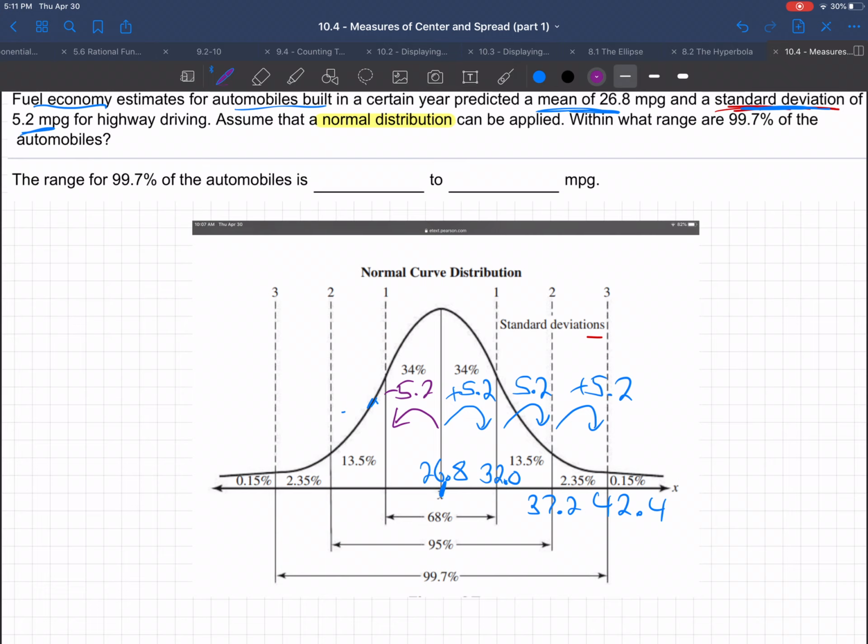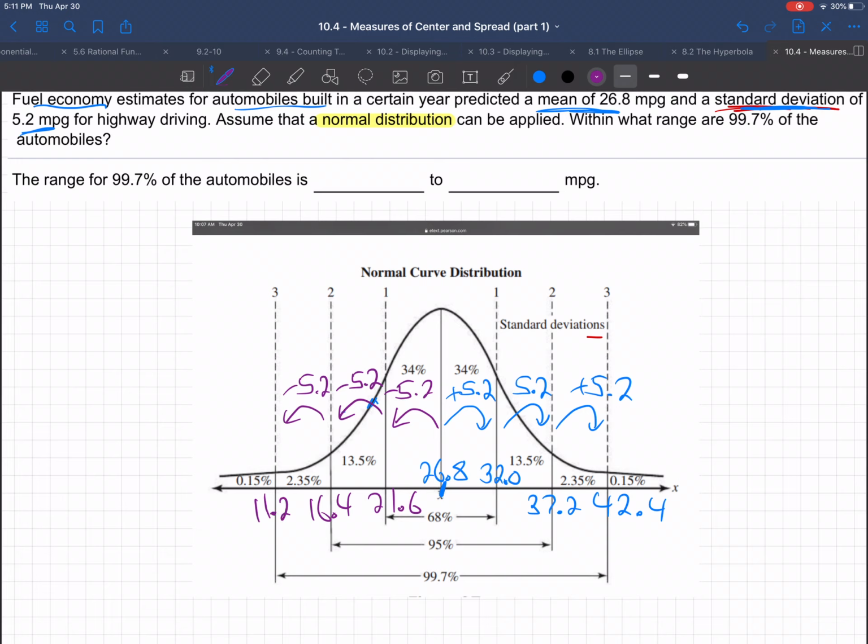Subtract 5.2, you get, what's that going to be, 21.6, right? And then next one, subtract 5.2 again. I'll do my calculator there. So 21.6 minus 5.2 again, getting 16.4. And then subtract 5.2 again, getting 11.2.